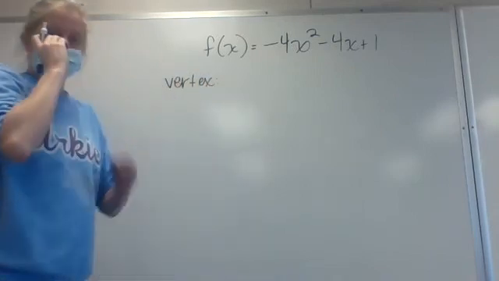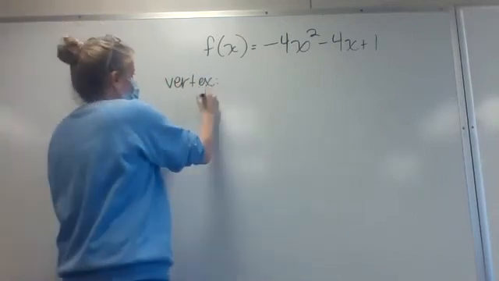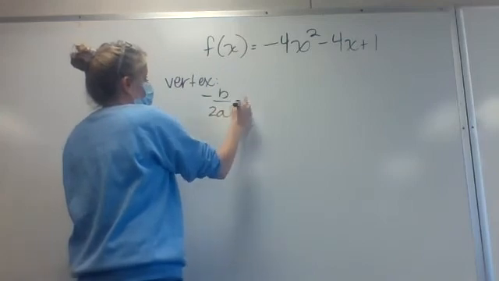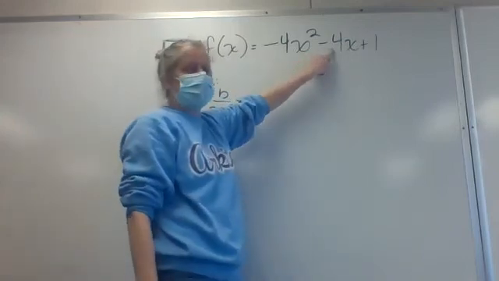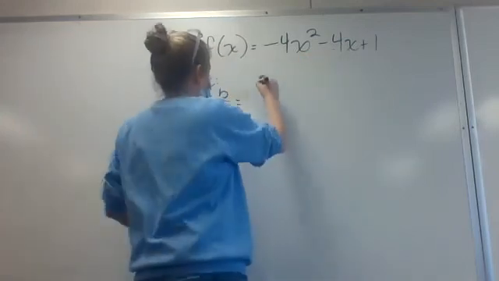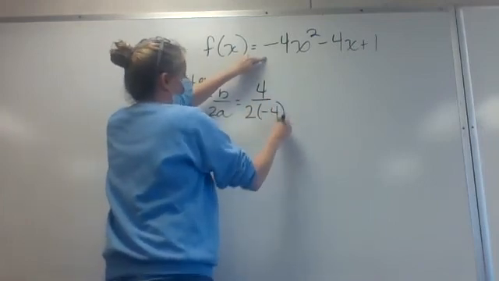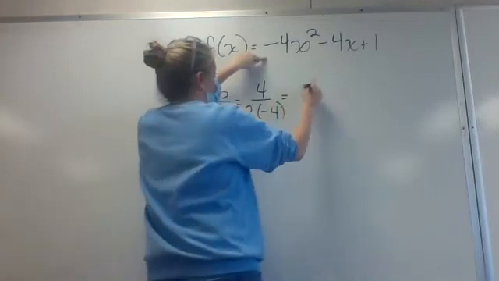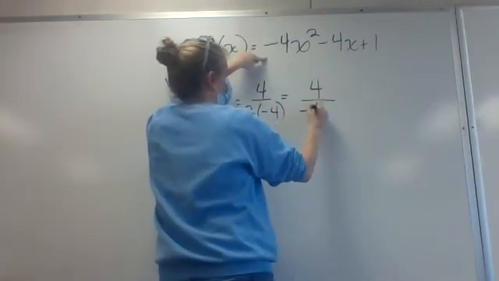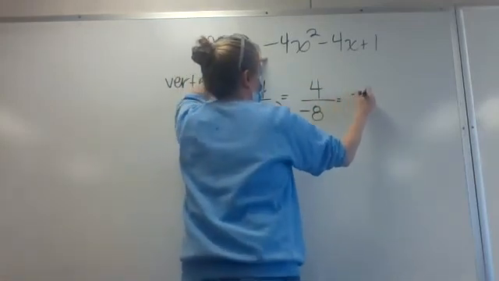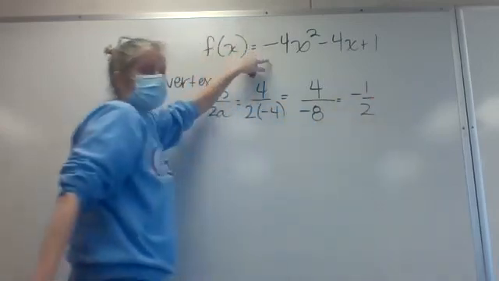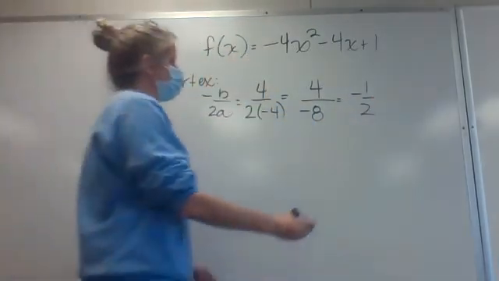So the vertex, to find the x coordinate, I'll use the opposite of b over 2a. The opposite of this b is positive 4. 2 times a, which is negative 4. So 4 over negative 8, which gives me negative 1/2 when I reduce that.